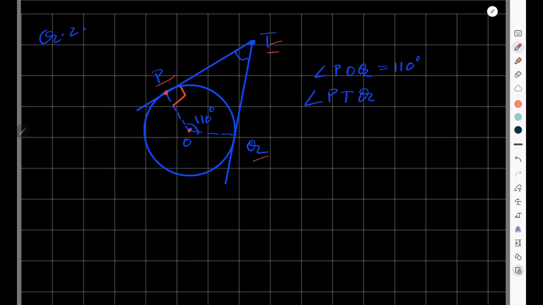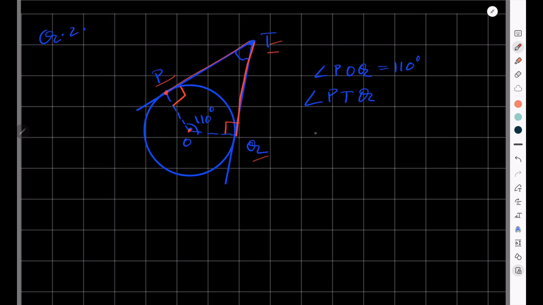If we draw a line from the center of the circle to the point of contact, it will be the radius, and it will be 90 degree if it is a tangent. PT is the tangent, and similarly TQ is also a tangent, so this will also be 90 degree.